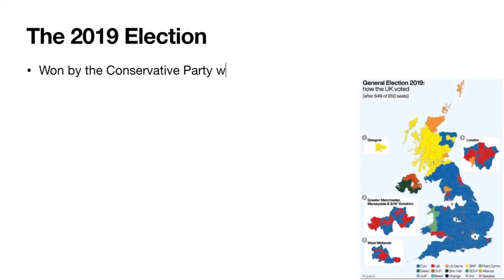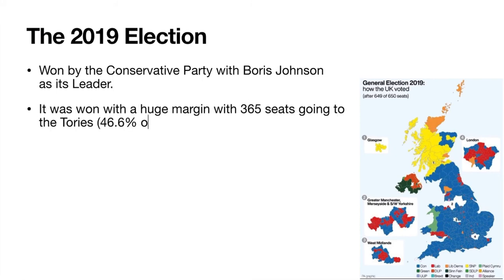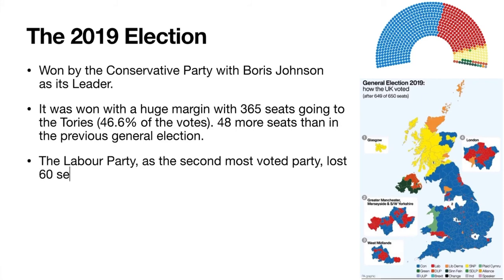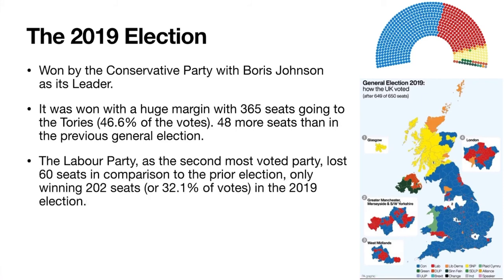As I alluded to, and as most people know, the winner of the last general election held in 2019 was the Conservative Party with Boris Johnson as its leader. They won the 2019 election by a landslide with 365 seats in Parliament, or 43.6% of the votes, an astonishing 48 seats more than in the previous election, while the second most voted party, the Labour Party, lost 60 seats in comparison to the prior election, only winning 202 or 32.1% this time around.